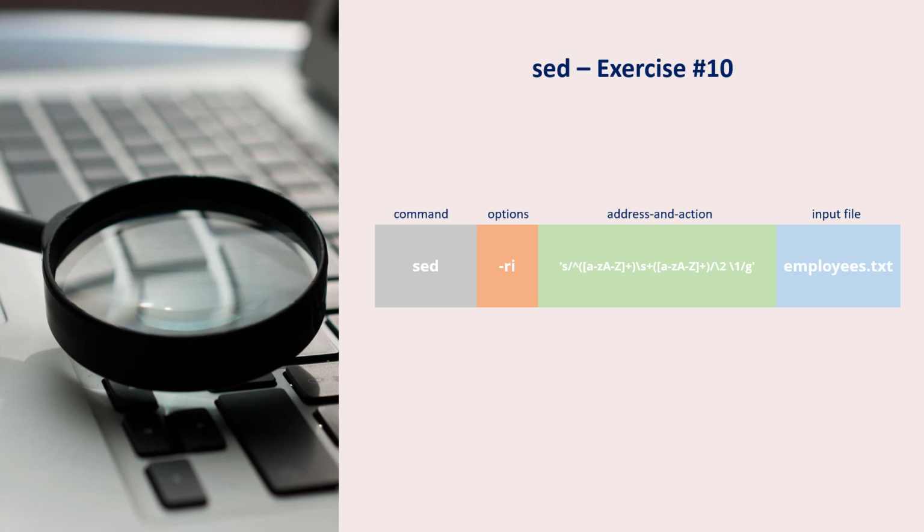Also note that we are using a new option -r here. -r enables the extended set of regular expressions for sed. As per the POSIX standards, regular expression symbols are divided into two sets, the basic set and the extended set.